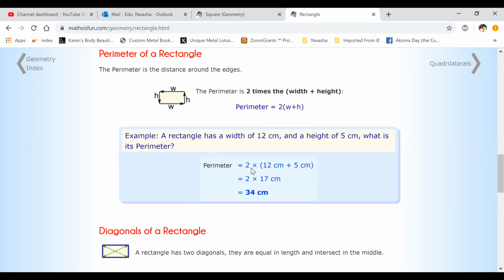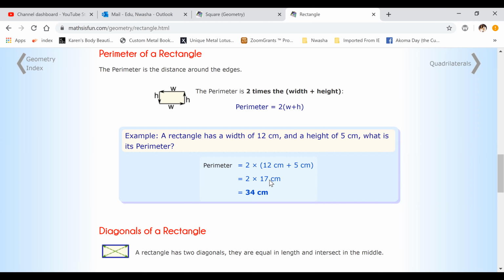So you're still saying 2 times because 2 on the outside of the parentheses means multiplication, like we did with the order of operations and the distributive property. So you know the width is 12, so you replace the W with the 12 centimeters. You know the height is 5, so you replace the H with the 5 centimeters.